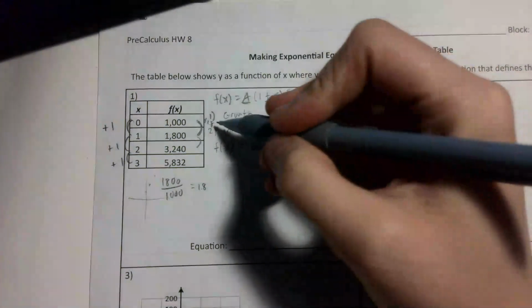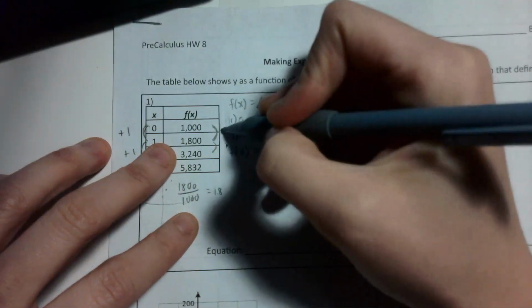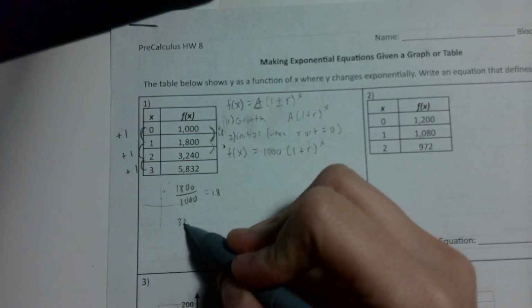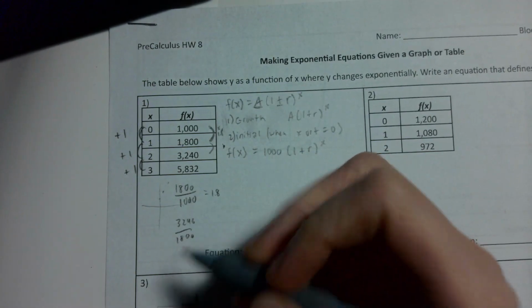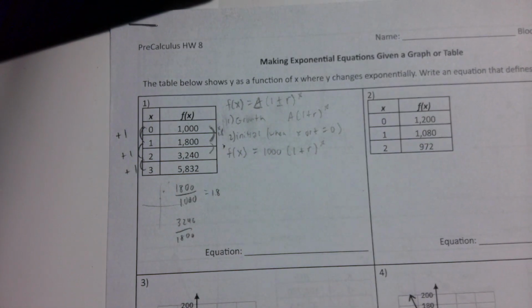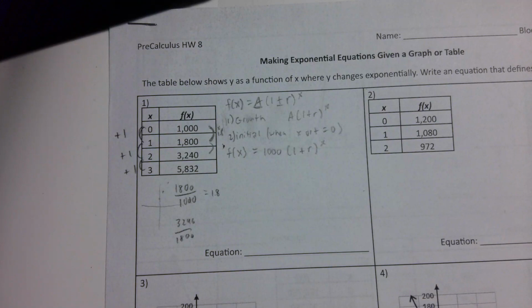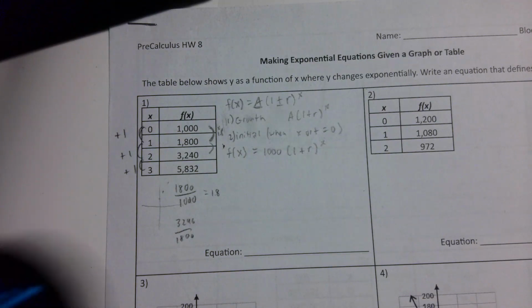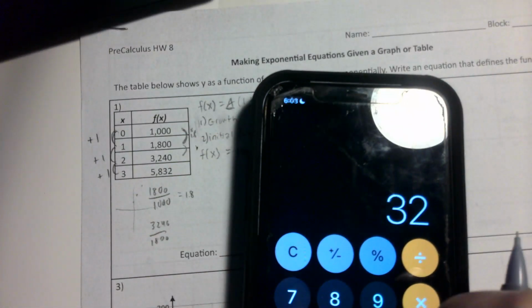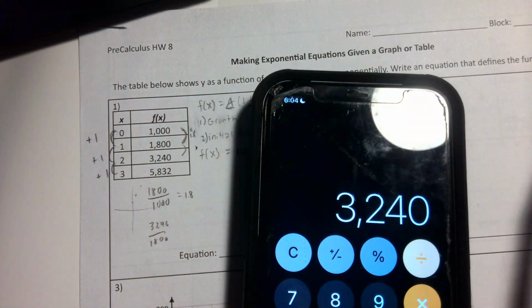Here, let me write that a little clearer, right? 1,800 times 1.8. If we do 3240 over 1800, let me get out my calculator. But we will find that it's also 1.8. 3240 divided by 1800, we get 1.8.